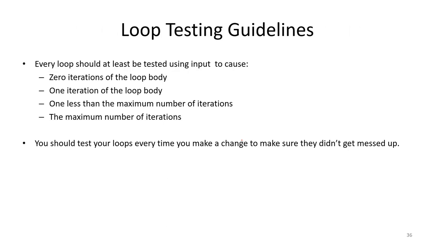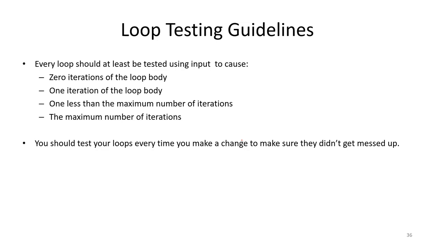So let's talk a little bit about testing loops. It's an extremely good practice, both when you're writing an algorithm and when you're actually running your code, to always test your loop under certain conditions. Here are some of the times when you want to check your loop.